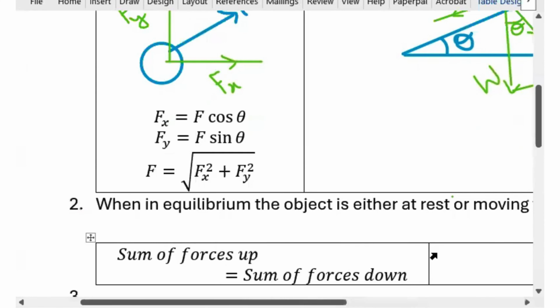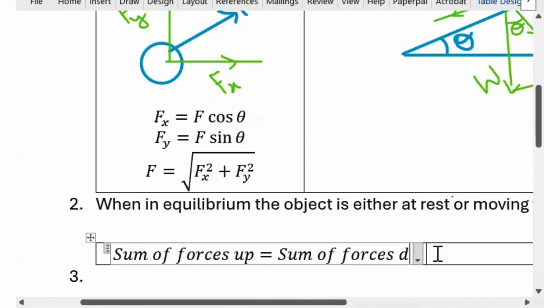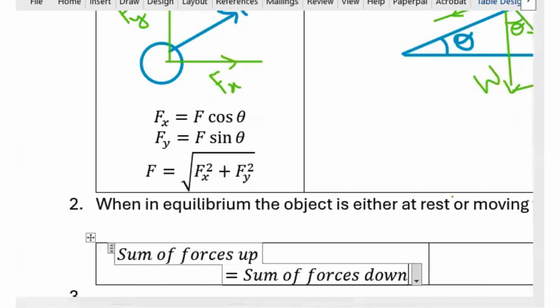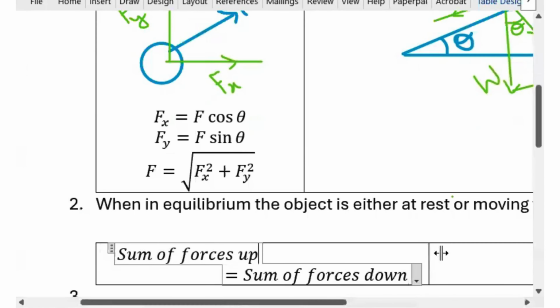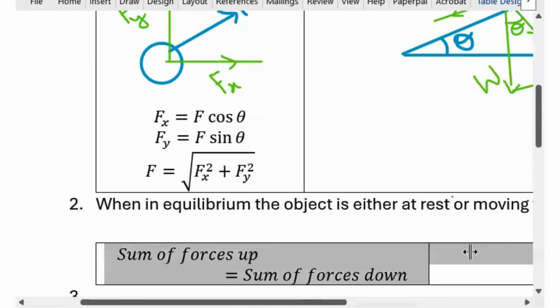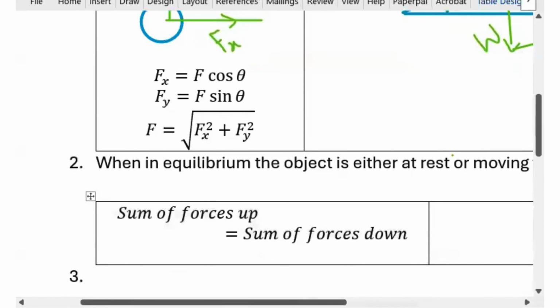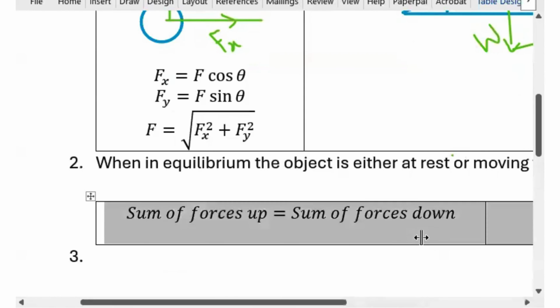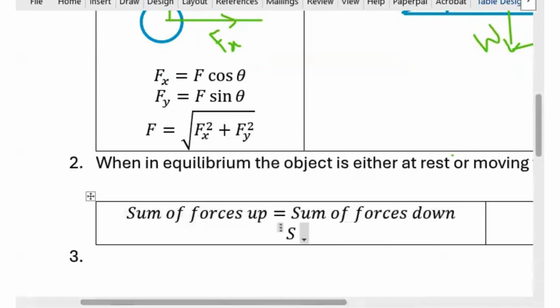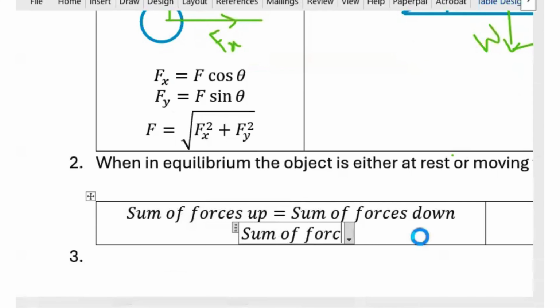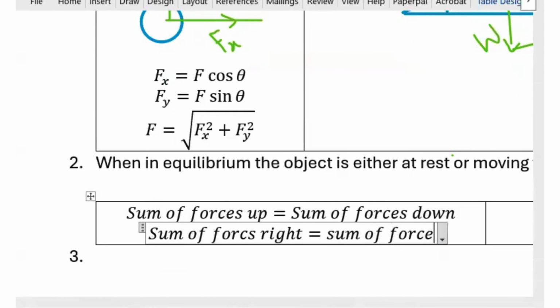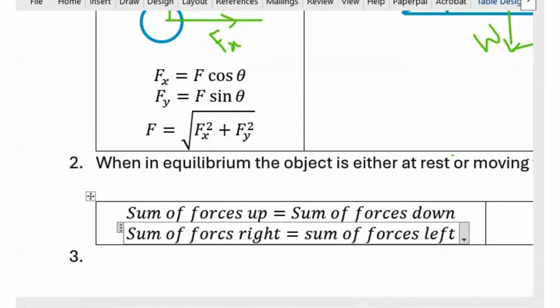Similarly, we can say that sum of forces right is equal to sum of forces left.